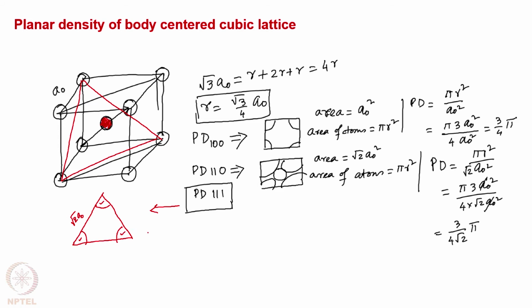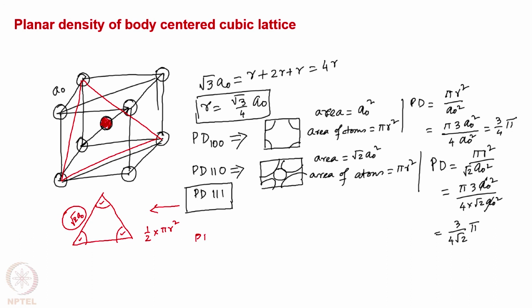That means half of the atom located on this. So half into pi r square is the occupied area, and this is the edge length of this equilateral triangle.